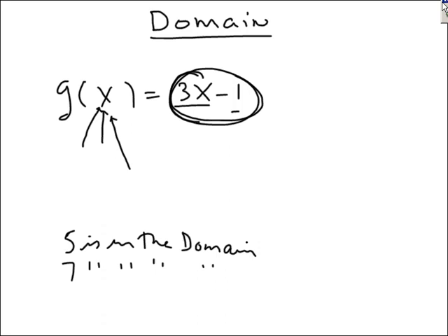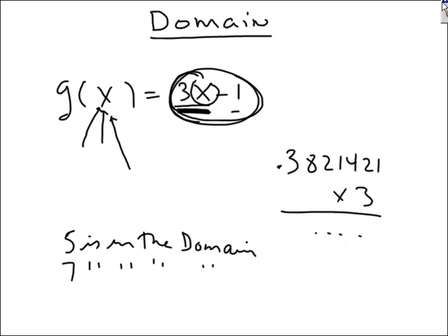In this problem, x can be anything. I can multiply any number by 3. You give me 0.3821421. I can multiply it by 3. I might suffer a little bit, but I can multiply it by 3, and then I can take away 1, and I'll get my answer.